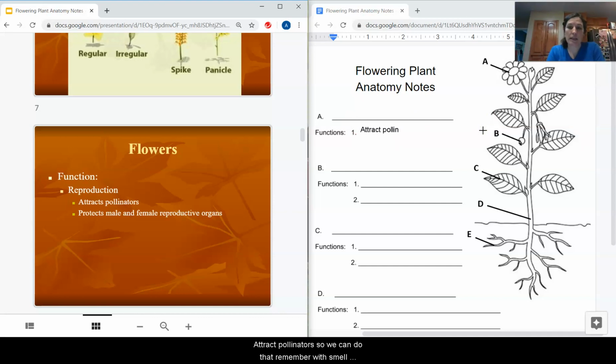Attract pollinators. So we can do that, remember, with smell or color or even nectar. And I probably should put flower here. And if you want to go ahead and add that second function, I didn't put it on but it protects the reproductive organs. And we are going to learn about those reproductive organs.